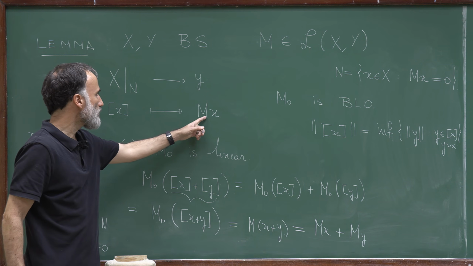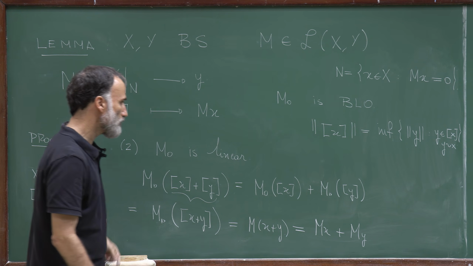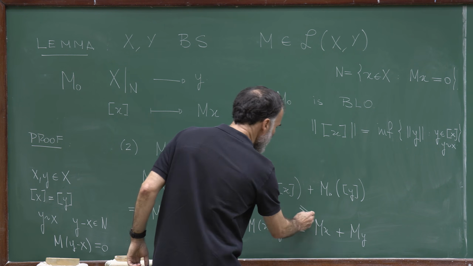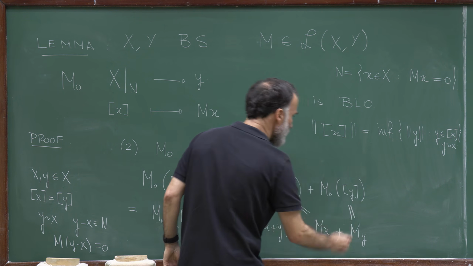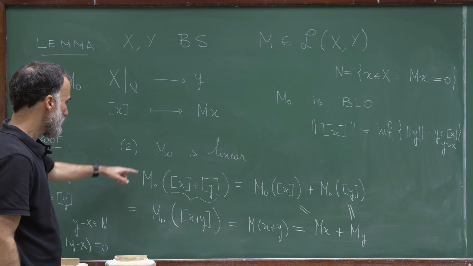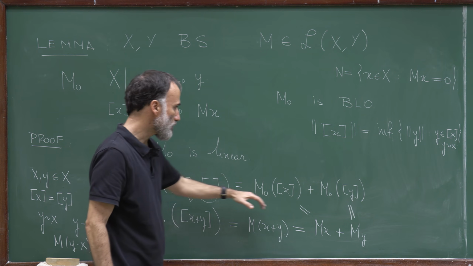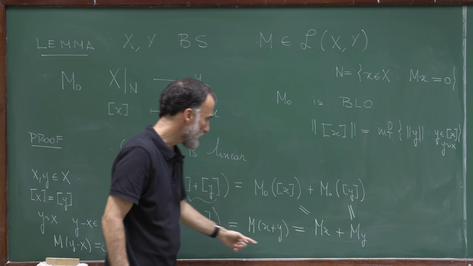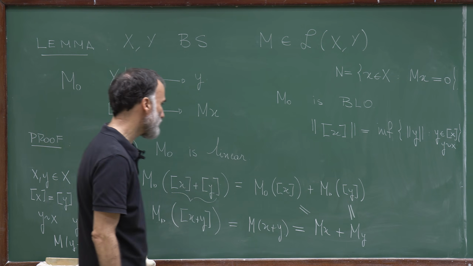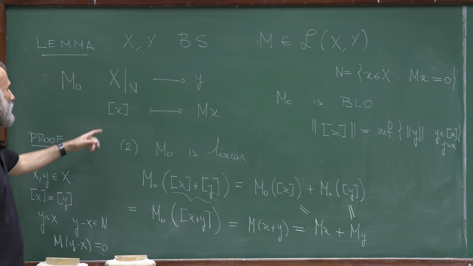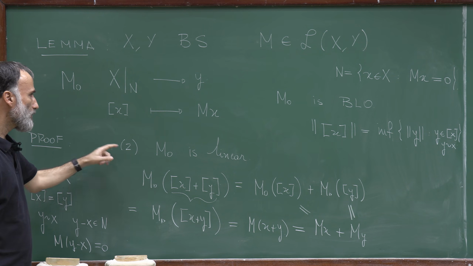And again, by definition, Mx is M0 of the equivalence class of x, and My is M0 of the equivalence class of y. So we have that indeed the left-hand side is equal to the right-hand side because we have this sequence of identities. So not only is M0 well defined, but it's linear.